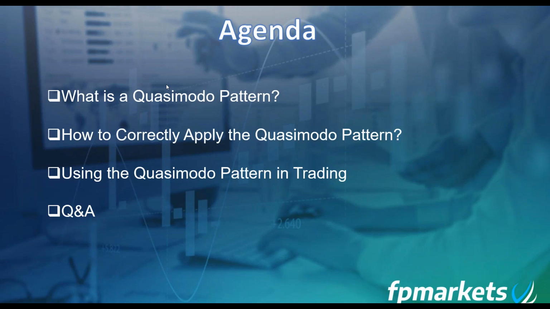So in this section, in what is a Quasimodo pattern, I won't go into the specifics of the pattern, but I will leave you with a clear picture of what the pattern looks like, and why I believe it's called a QM. However, I will point out there's also a couple of other labels associated with the structure, which I will also underline in a moment.